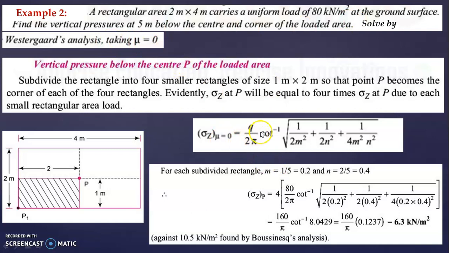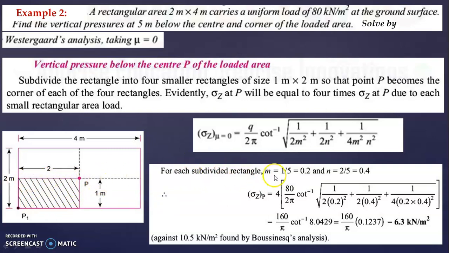So this is the equation: sigma z equals q divided by 2 pi into cot inverse of square root of (1 divided by 2m square plus 1 divided by 2n square plus 1 divided by 4m square n square). Now for each subdivided rectangle, we'll consider only one rectangle of size 1 meter by 2 meter.